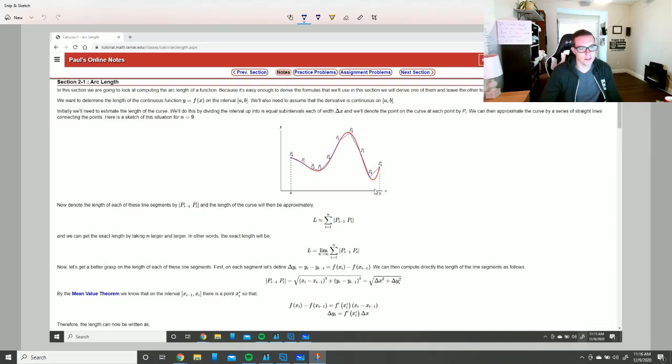This is the logic. If you have some curve and they've sectioned it off into these kind of line segments. So you see how they've sectioned it off and kind of created a bunch of linear lines. The theory is, at worst, you could do one line connecting the endpoints, and I could just find the length of this line. Technically, if you know this point and this point, you can use the distance formula and just find that distance.